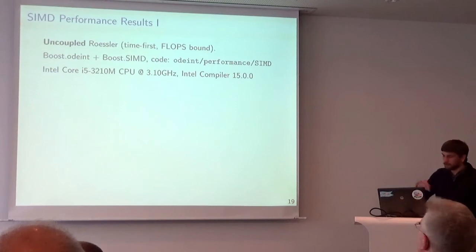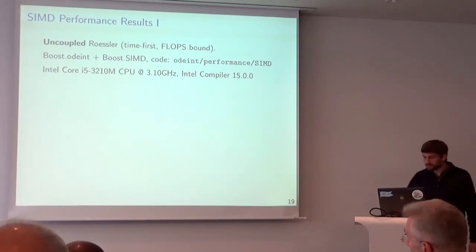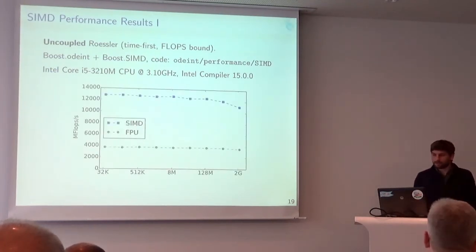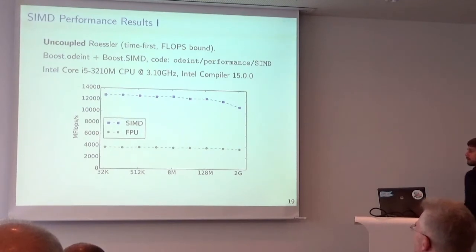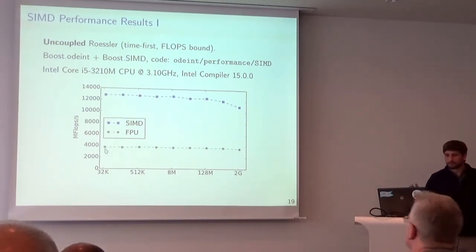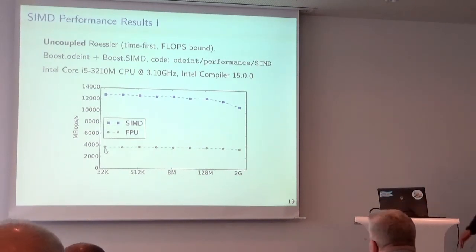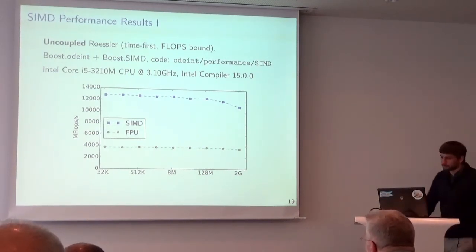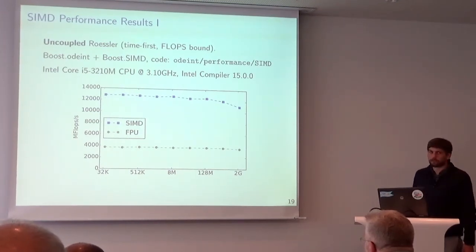I'm running on this laptop because I did this yesterday using the Intel compiler, and here is what you get. FPU on this machine gives me almost 4 gigaflops, and if I do the same stuff with the Boost Simdi library, I get up to 13 gigaflops.